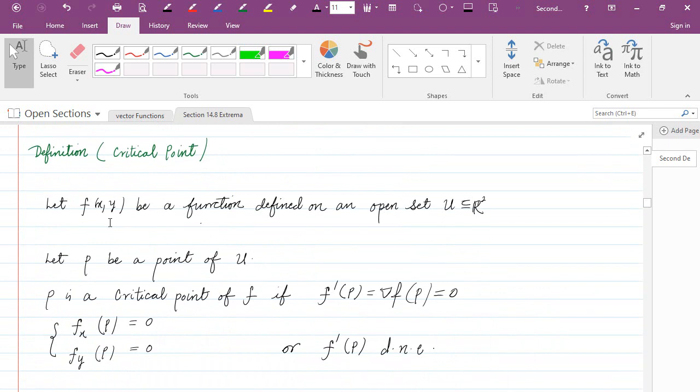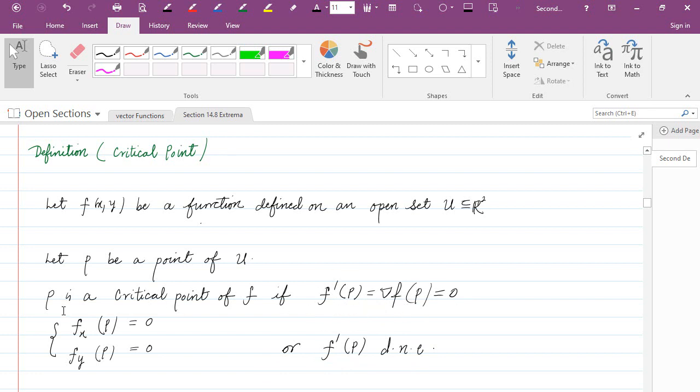So let me formally define what a critical point is. Let's say f is a function defined on an open subset U of the two space. P is a point in U. We say that P is a critical point of f if either the gradient of f at P is 0, or if the gradient of f doesn't exist at P. So remember, I am defining the gradient to be the first derivative of the function.